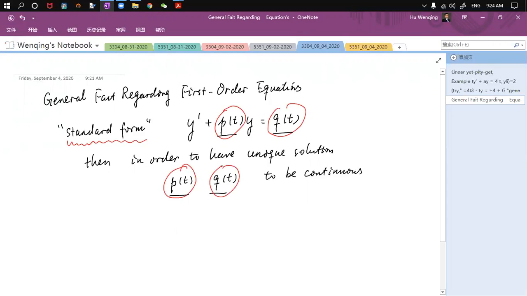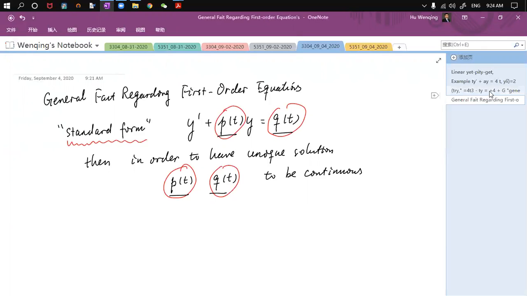If they are continuous, you're completely fine to have a unique solution. If not, then you have to stop your interval at that point. That's a very nice theorem regarding the uniqueness of first order equations.